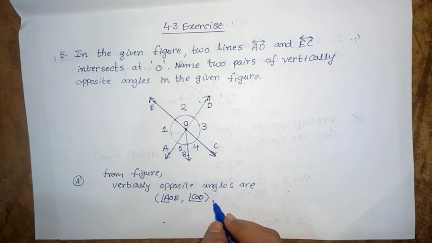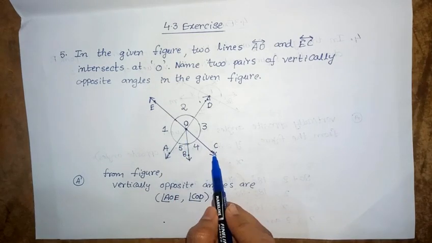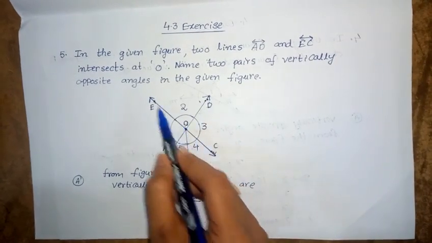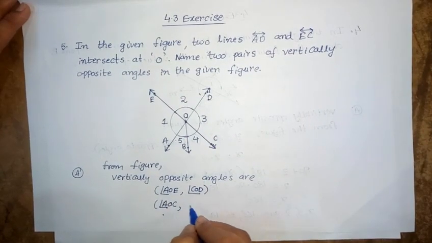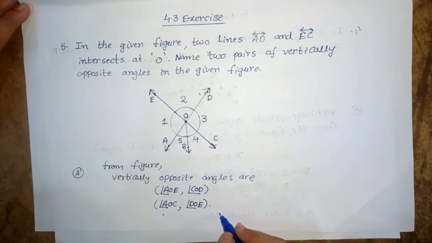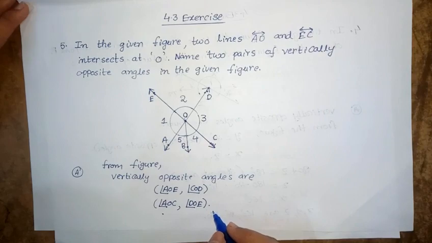Next, the second pair: angle AOC, the vertically opposite angle is angle DOE. Angle AOC, angle DOE. So these are the two pairs of vertically opposite angles in this figure. So this is the solution for the fifth problem.